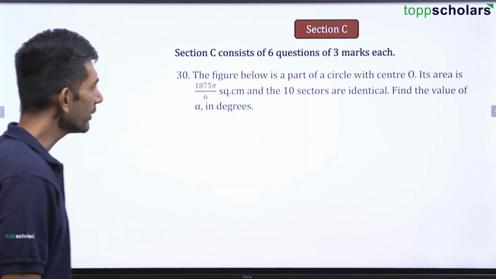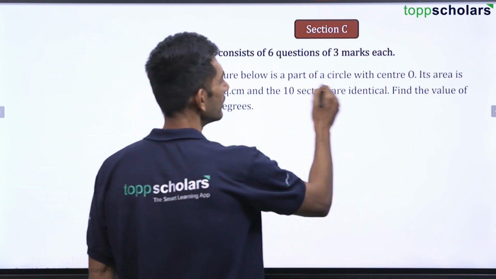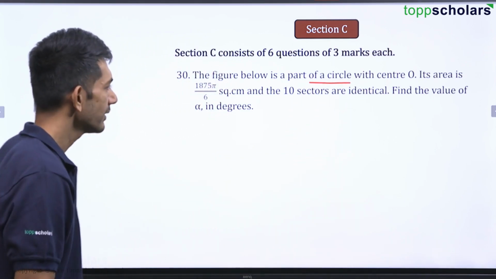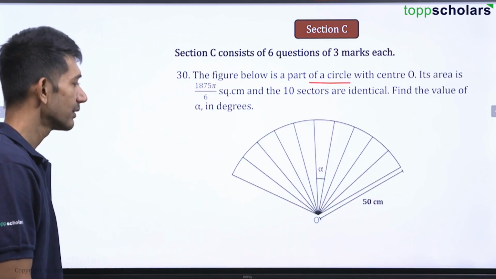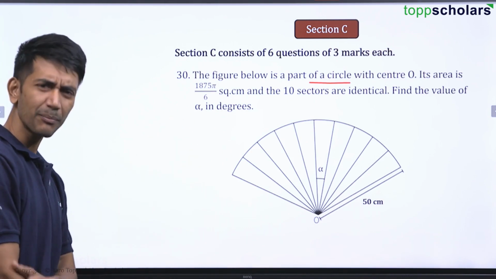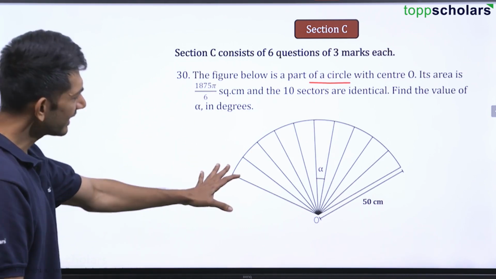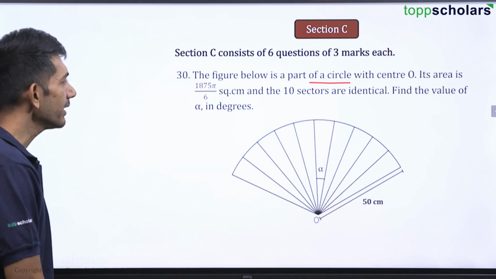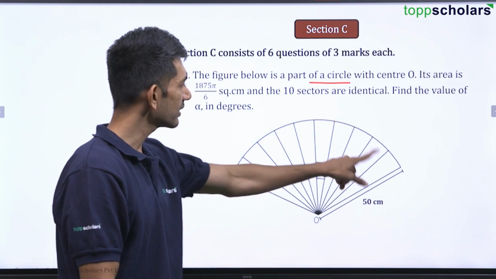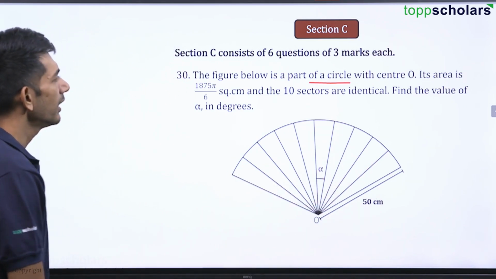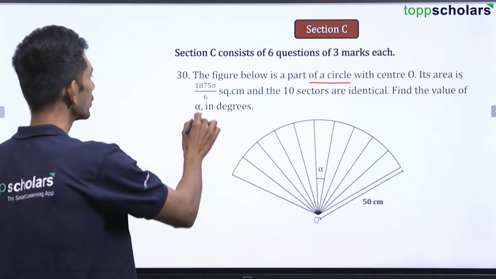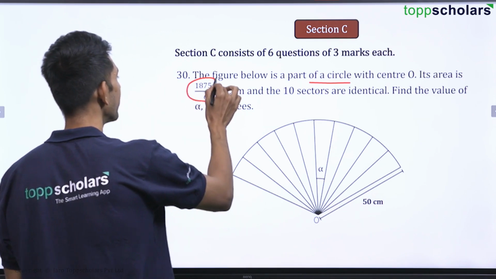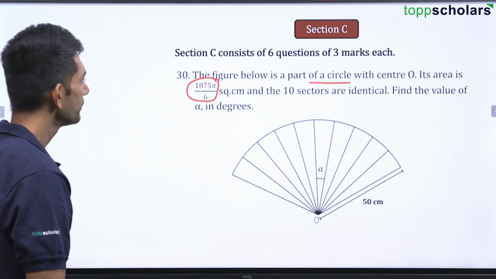It says the figure below is a part of a circle. Okay, that means a circle is given. Part of the circle is given. What is the part of the circle? This entire part of the circle is nothing but a sector. A sector is given, right? And this part of the circle, that is the arc, is also given. Its area is given. How much? 1875 pi by 6 square centimeter.